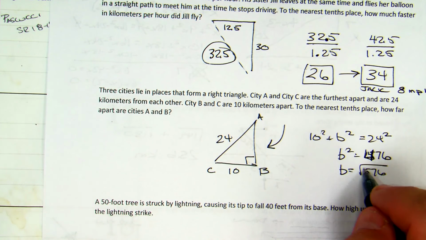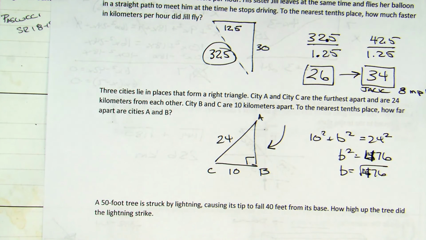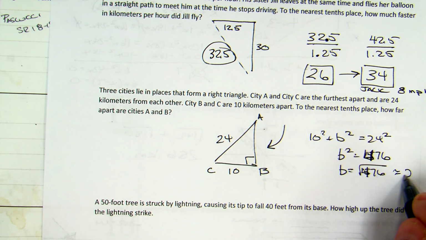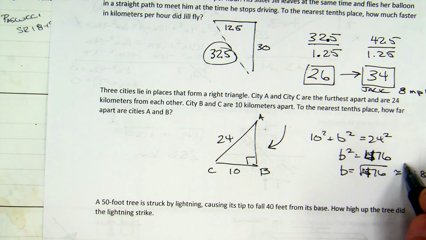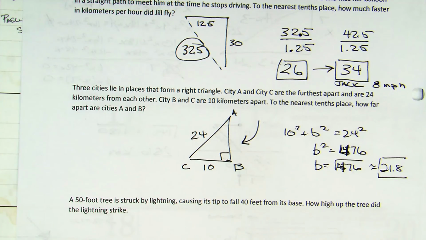I forgot to subtract the 100. So the square root of 476 is approximately 21.8. So those two cities are 21.8 kilometers apart. So they have to the 10th place.